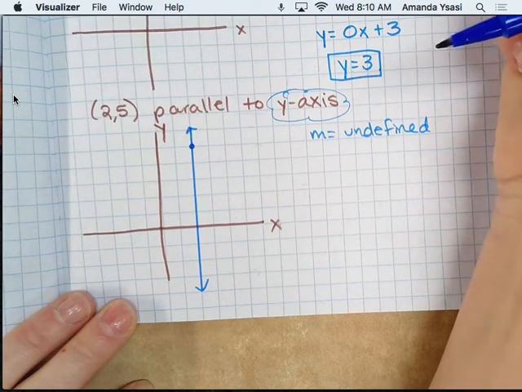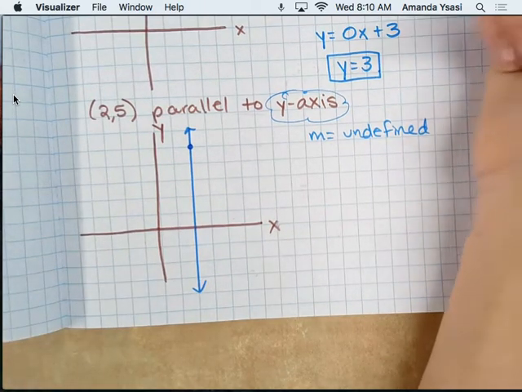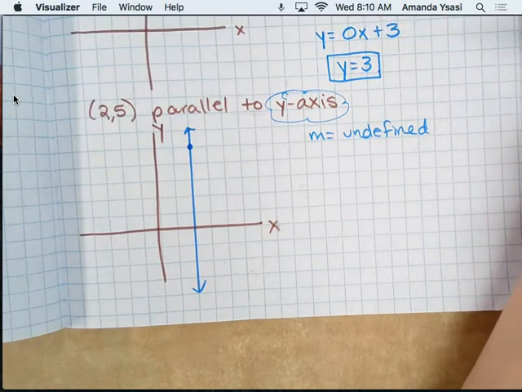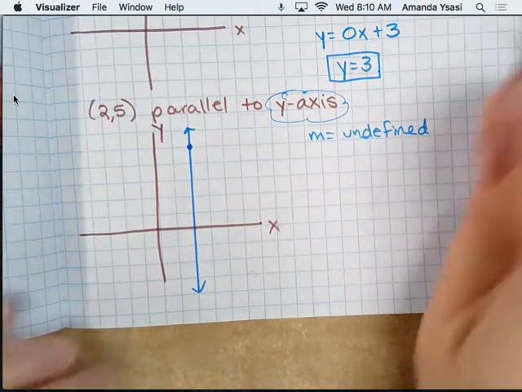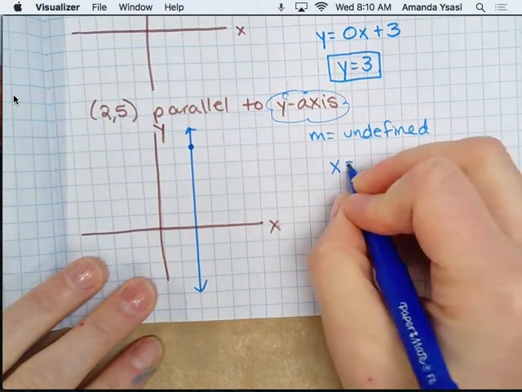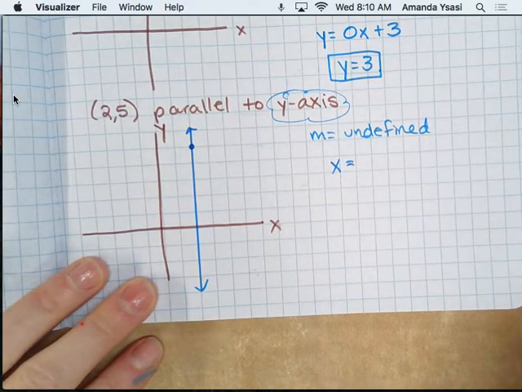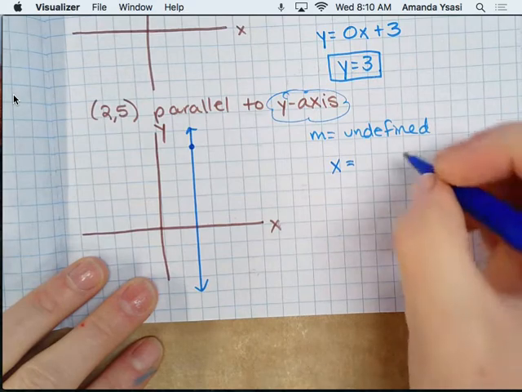Whenever you have an undefined slope, you can't even write it as y equals, because y equals mx plus b is written with slopes that actually work. A slope of undefined is always going to be written as x equals something. So we look and see where the x-intercept is.